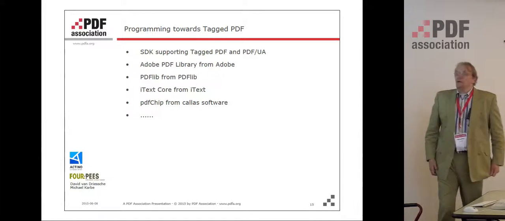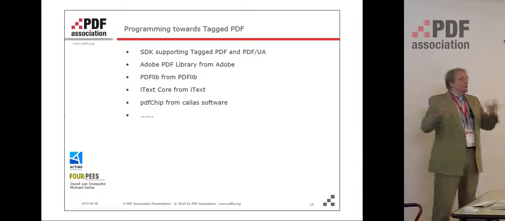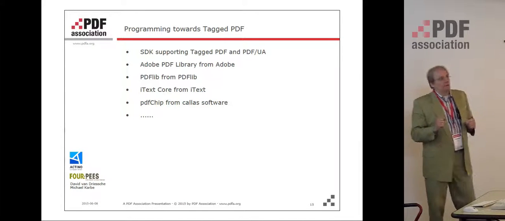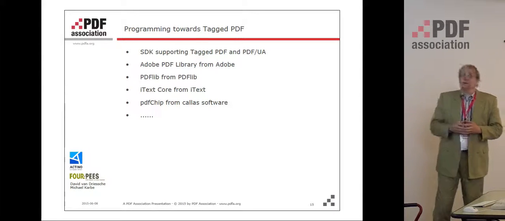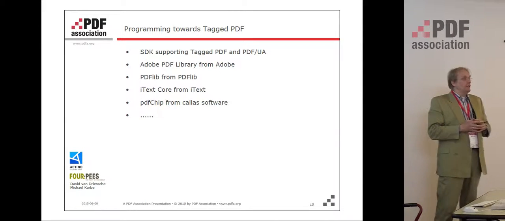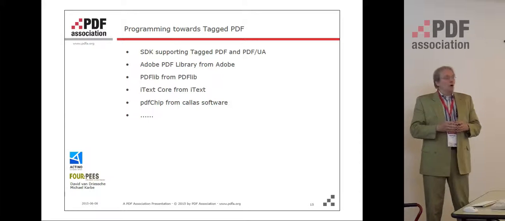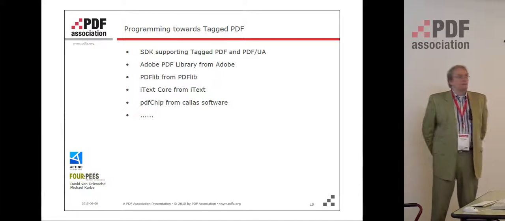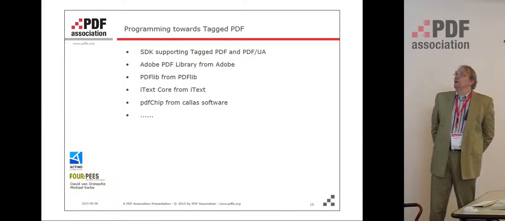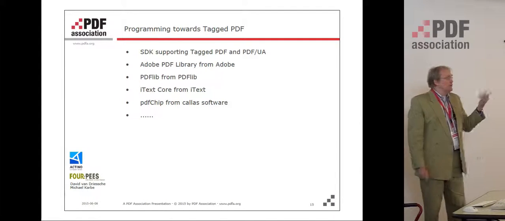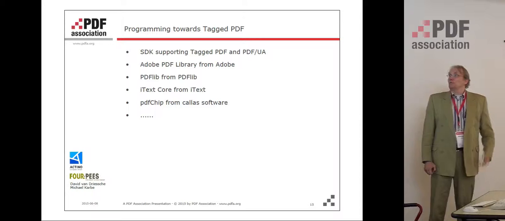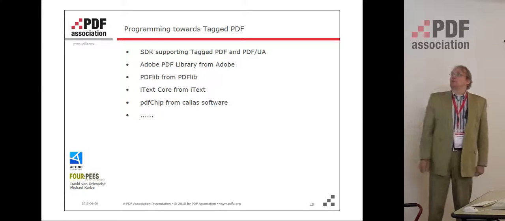So in the end, this was all about manual PDF UA creation or remediation. There are a number of libraries available which automatically generate tagged PDF or the PDF UA. Some brands already have been listed. Bruno mentioned iText. Olaf Dietrich mentioned PDF Chip.